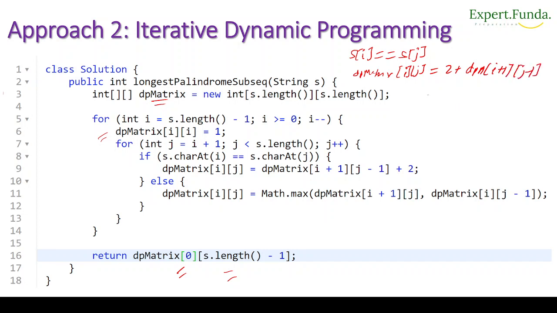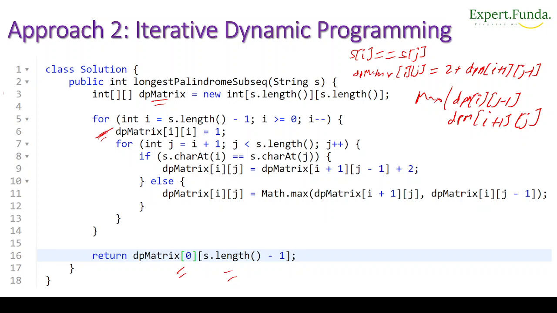Otherwise, we will take the max of dp at i and j minus 1, and dp matrix at i plus 1 and j. That we have seen previously, like that we will do.